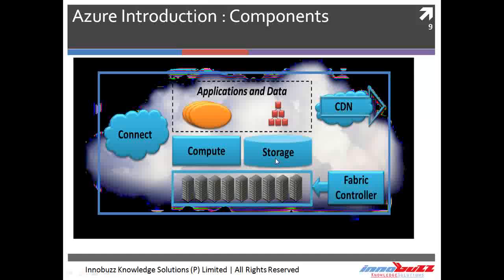Then we come to storage. Storage stores binary and structured data in the cloud. Then we have Fabric Control. Fabric Control deploys, manages and monitors applications. The Fabric Control also handles updates to system software throughout the platform. And we have CDN. What does CDN mean? It's a content delivery network which speeds up global access to binary data in Windows Azure storage by maintaining cached copies of the data around the world.